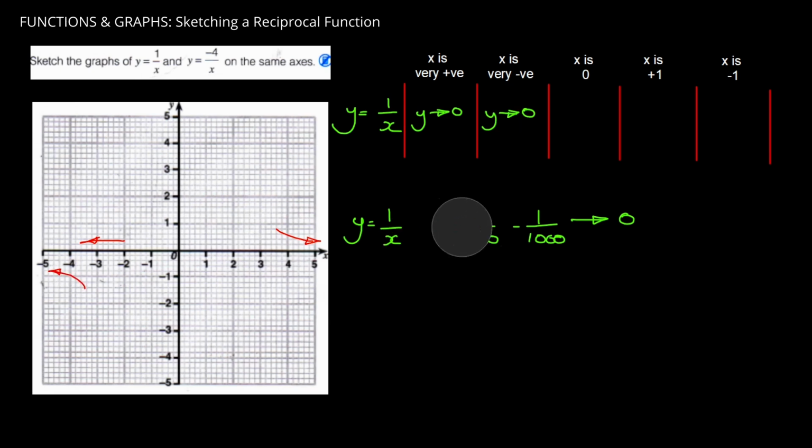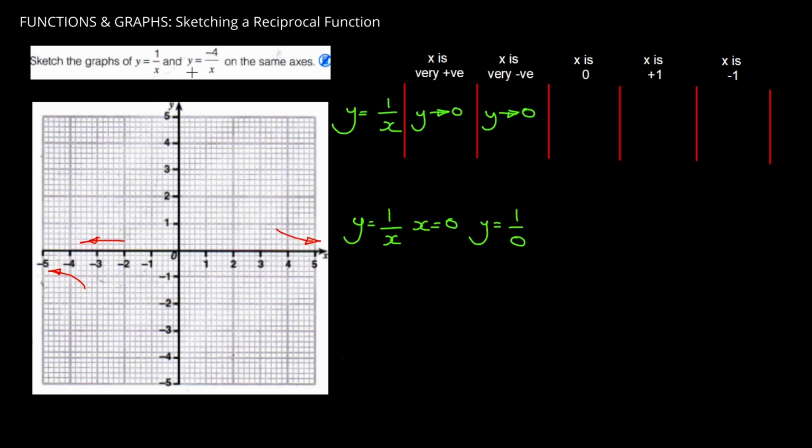Okay, let's clear the decks of those results and consider when x is 0. When x is 0, y equals 1 over 0. Now, if you put that into a calculator, it would give you an excuse for not calculating it. And the reason it's giving you an excuse is because 1 over 0 is undefined, or you can think about it like that: 0 will go into 1 an infinite amount of times.